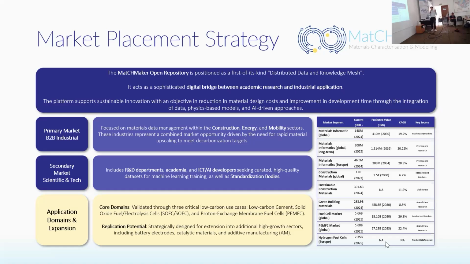What it means, the value proposition that the open repository is going to give, is, for example, to reduce material design costs and improve development time through the integration of data, physics-based models and AI-driven approaches.